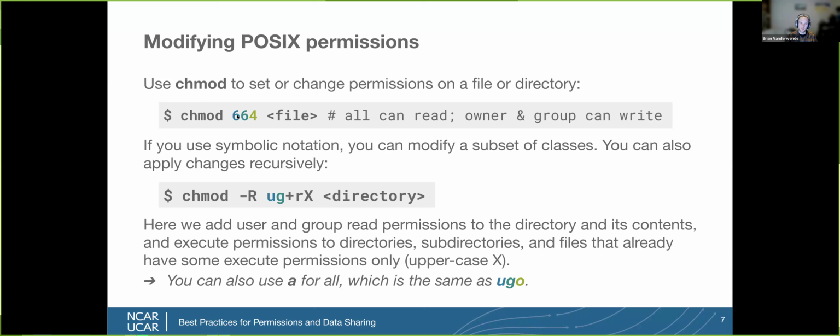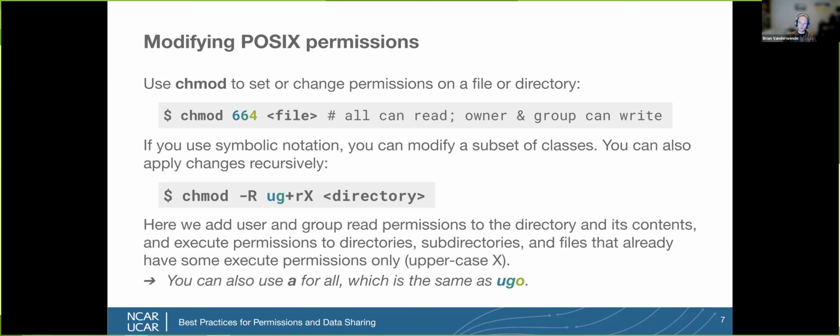So for example, if I wanted to use the octal notation here to change permissions on a file, here I'm setting that one single file to a 664 permission. And what that's doing is saying that all can read, because if it's four or higher, then all can read, and then +2 for the user and the group.